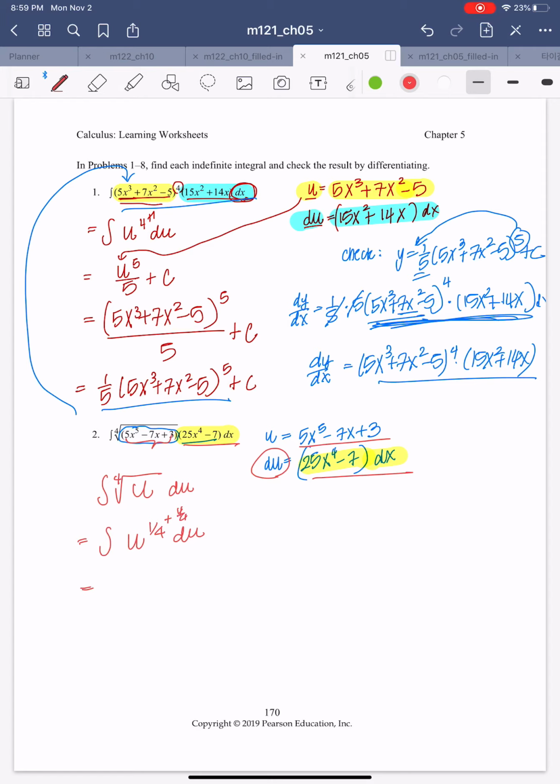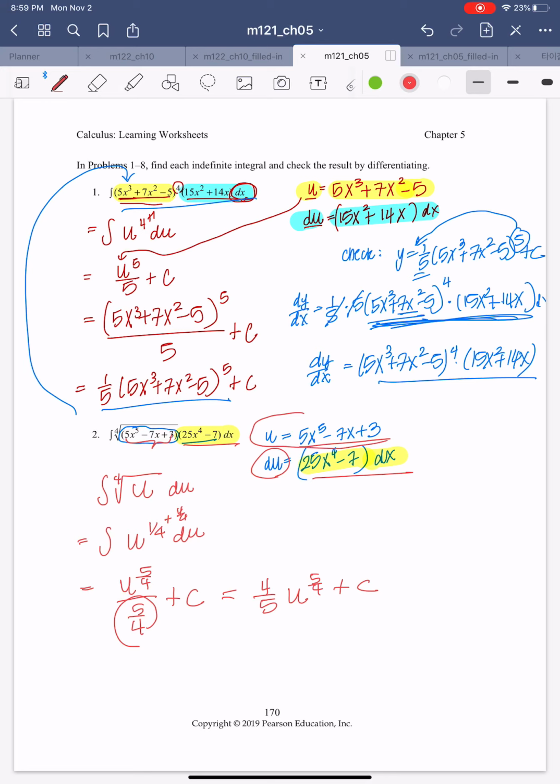So my antiderivative is u raised to the 5/4 divided by 5/4 plus c. I don't like that, so you can rewrite that as 4/5 u to the 5/4 plus c.